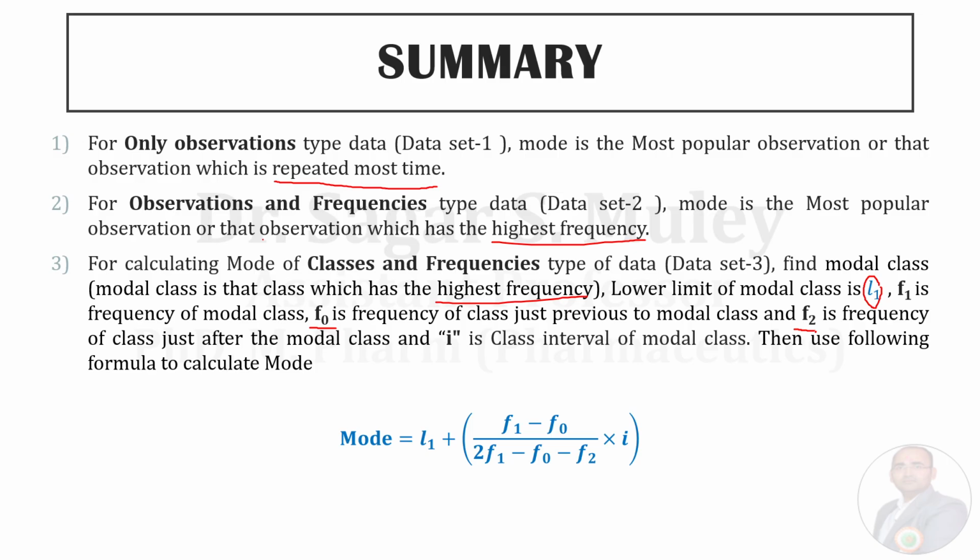F2 means the frequency of the class just after the model class. And I is the class interval of model class. The class interval of the model class, that is your I. So after getting all these values, we just have to use this formula to calculate the final mode.